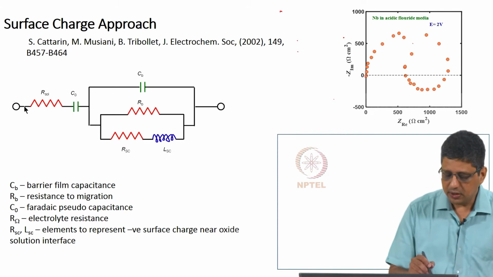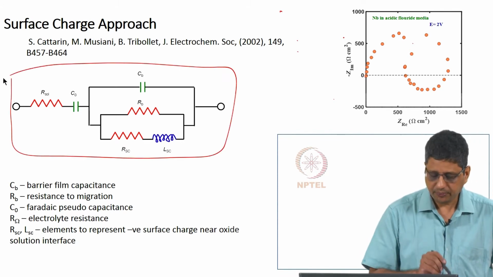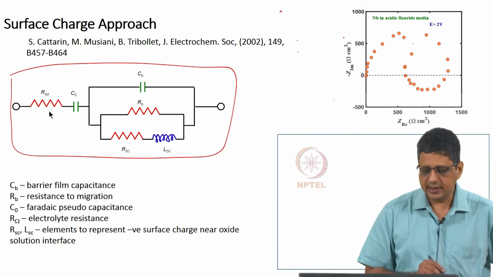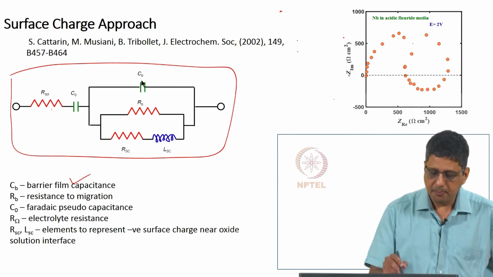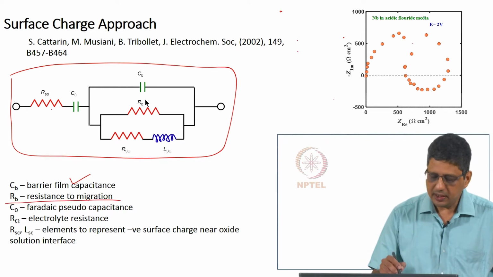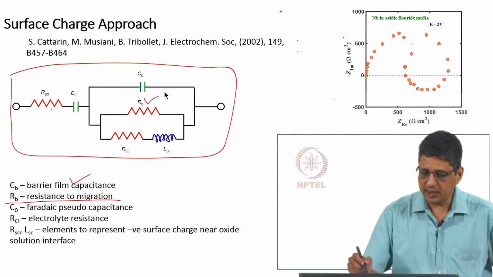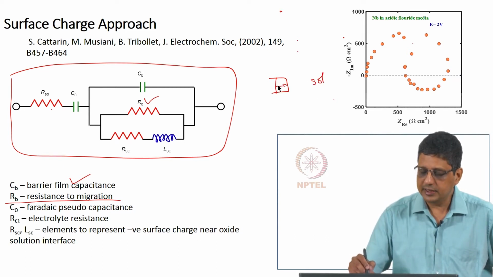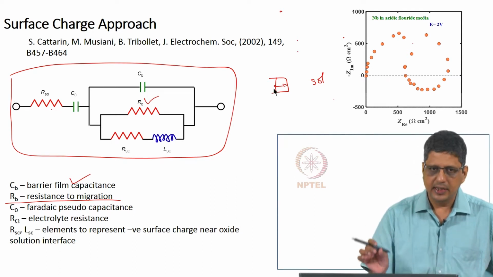So, that is modeled using this circuit. Solution resistance is there. B here corresponds to barrier film capacitance. This RB is the film resistance. So, we assume there is a solution resistance, there is a film, the film offers a capacitance, it is not a conductor.